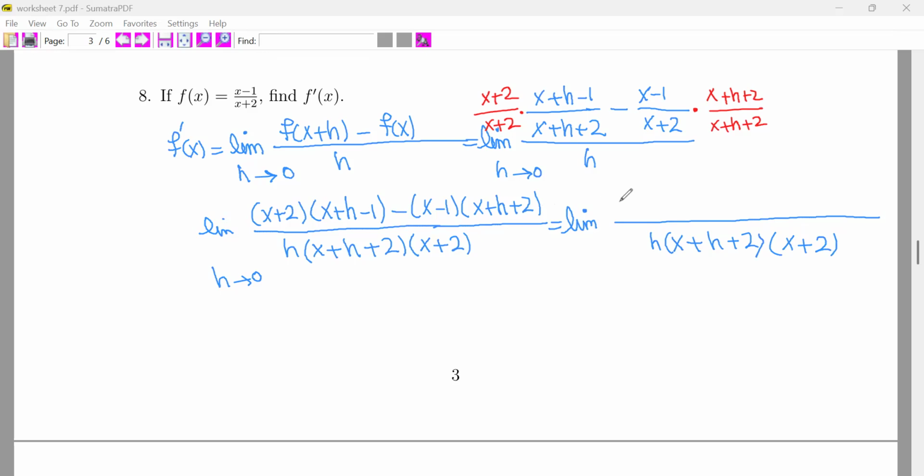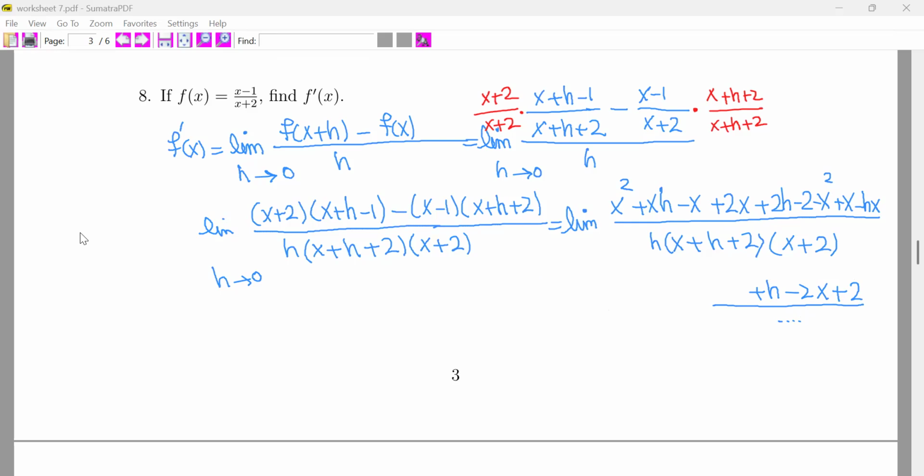And for the numerator, we are going to have x squared plus x times h minus x plus 2 times x plus 2 times h minus 2, minus x squared plus x minus h times x, and I would write the rest here, plus h minus 2 times x plus 2, with the same denominator.